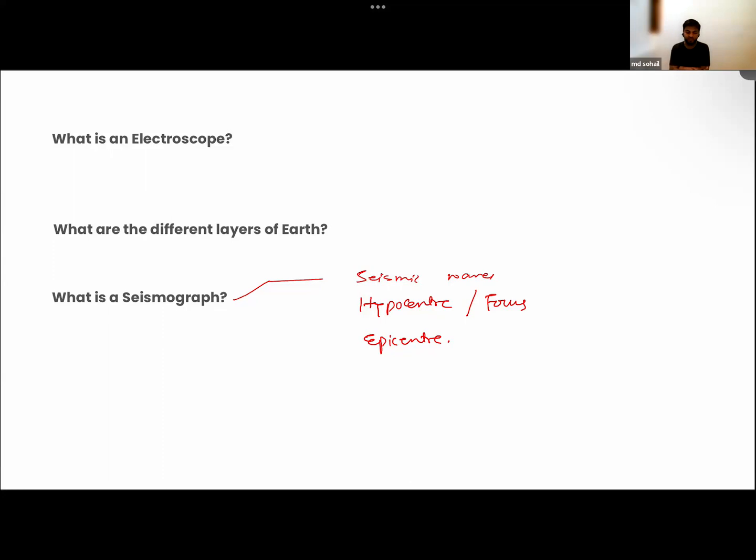Ahmed, what about the epicenter? Okay. Arhan, what is the epicenter? The epicenter is located right at the top of the focus. Okay, just vertically above the focus.